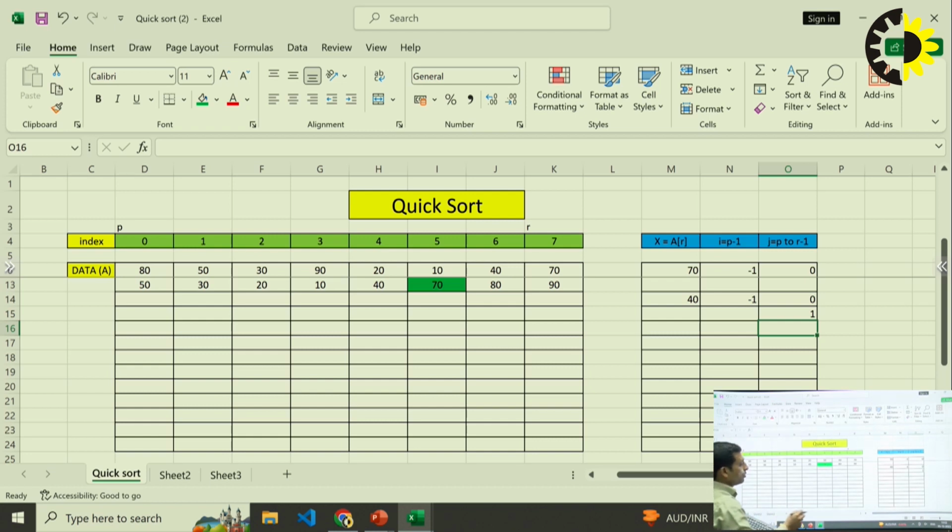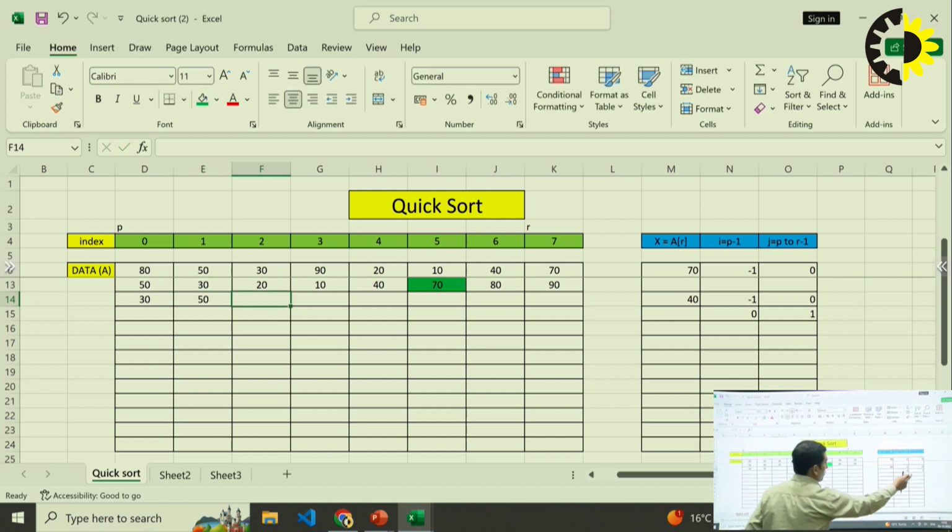Then what to do? Two steps again: increment the I, minus 1 becomes 0, and swap the elements at locations I and J, that is 0 and 1. At 0 is 50 and at 1 is 30. So 30 will come here and 50 will come here, no problem.